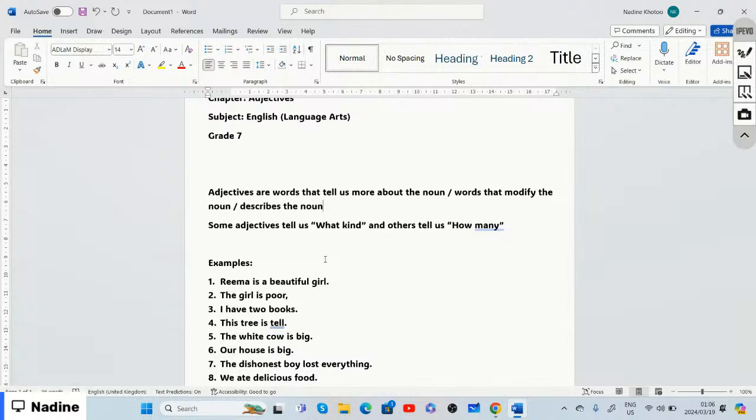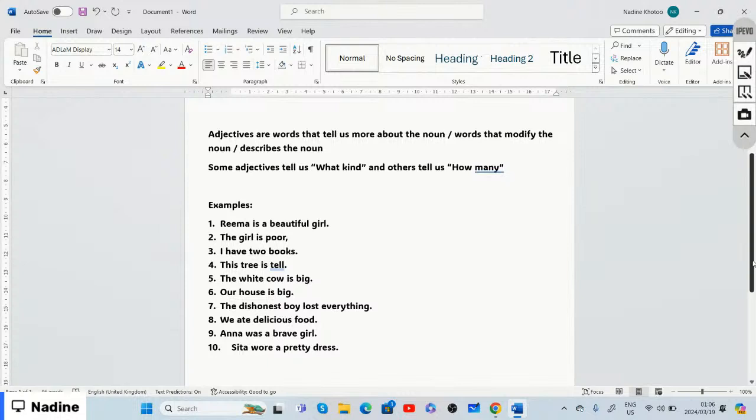And then we have some adjectives that tell us what kind, and adjectives that tell us how many. Adjectives that tell us what kind can be things like describing a dress. If you describe a dress, you will tell us what kind of dress it is. Let me just write that.